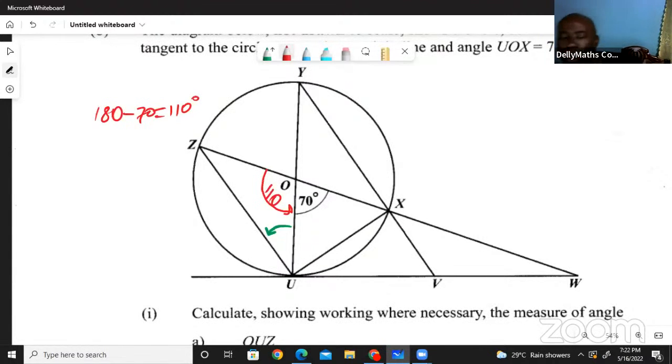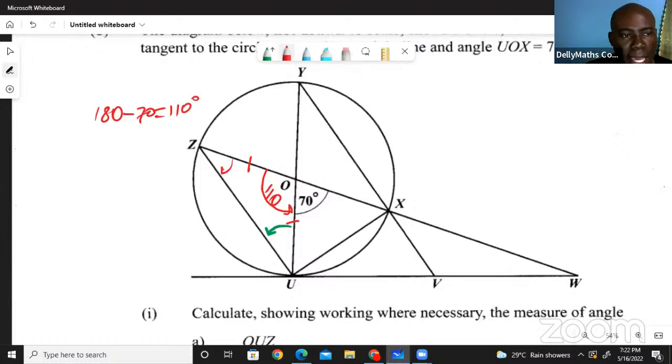That now allows us to find everything else, because right now this is an isosceles triangle. Whether you call it ZOU, UOZ, or OUZ, it is the same isosceles triangle. The base angles here will be the same.